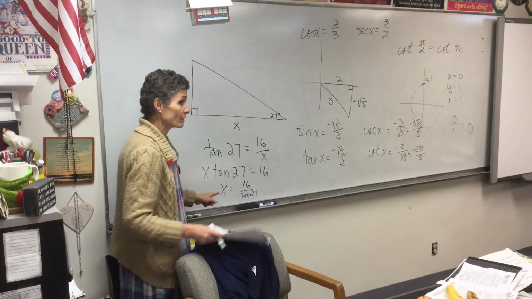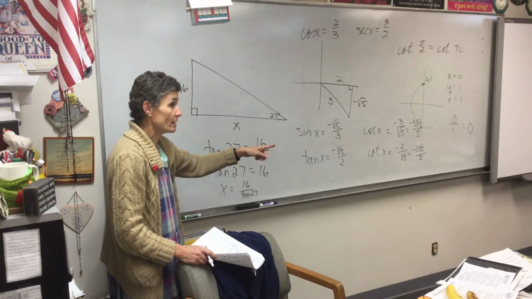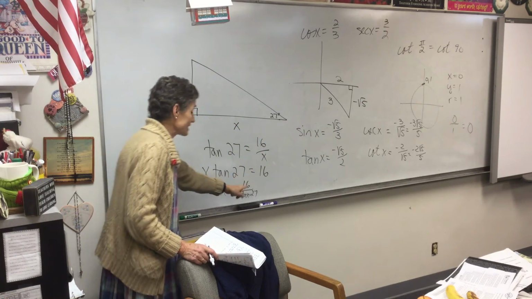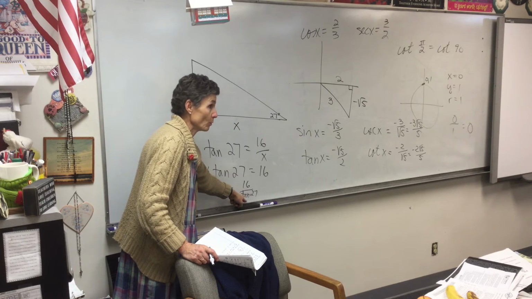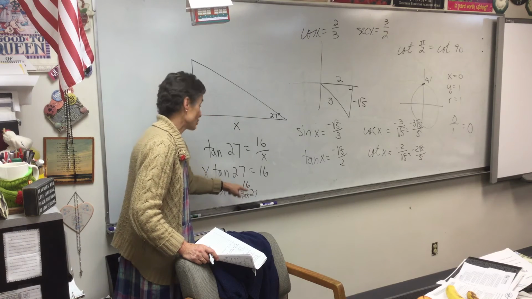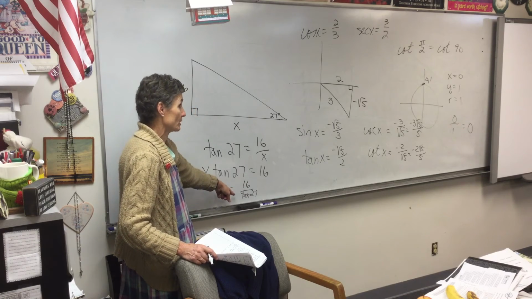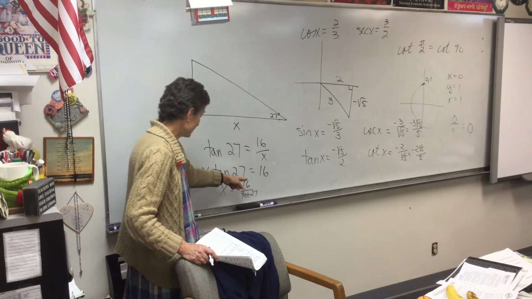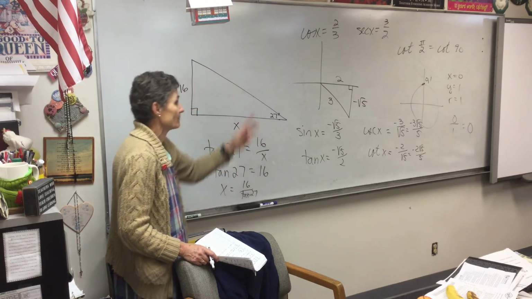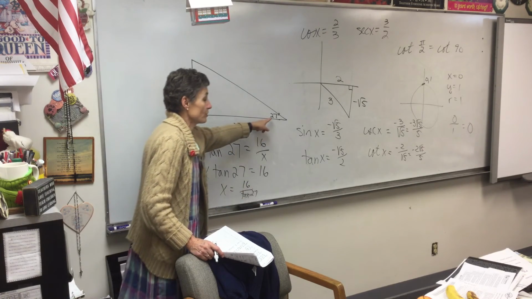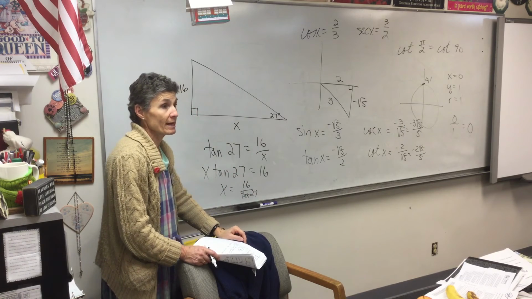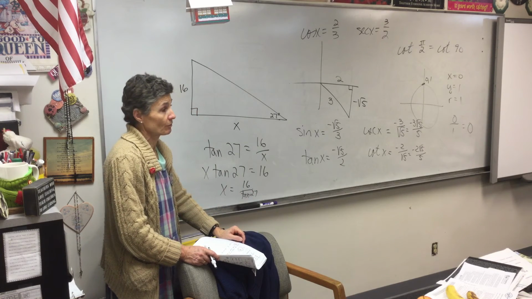Now this is sort of like the one that was on our quiz, but that's a 27. It's not a 30 or a 45 or something special, so that would have to be done on the calculator. So you would just type in 16 divided by tan 27, and that would give you the answer. If that were a 30, then I could have you do it by hand because you know how to find the tangent of 30.